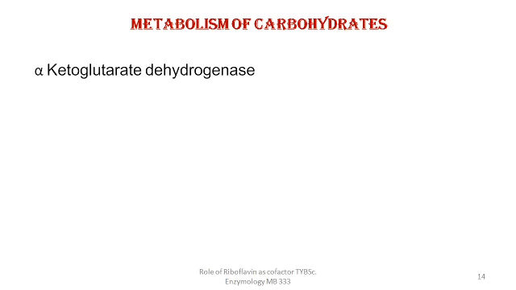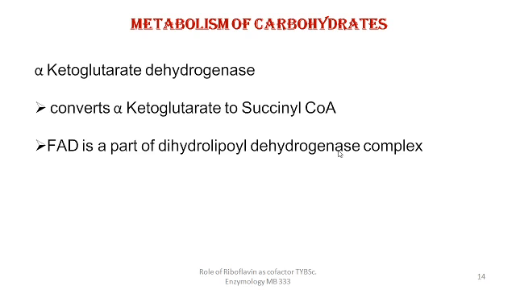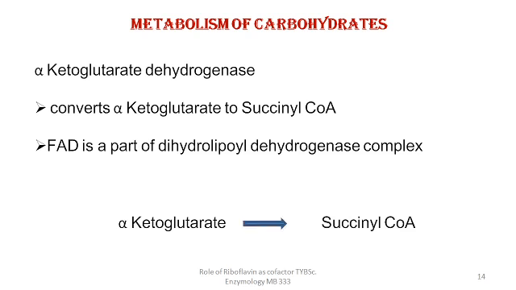The third important enzyme is alpha ketoglutarate dehydrogenase, which converts alpha ketoglutarate to succinyl CoA. FAD is a part of the dihydrolipoyl dehydrogenase component of alpha ketoglutarate dehydrogenase, like the PDH complex. This enzyme catalyzes the conversion of alpha ketoglutarate to succinyl CoA, wherein FAD is reduced to FADH2.